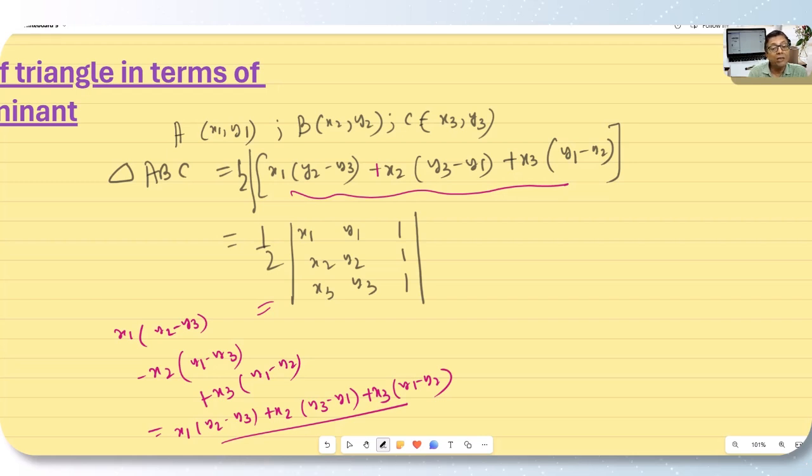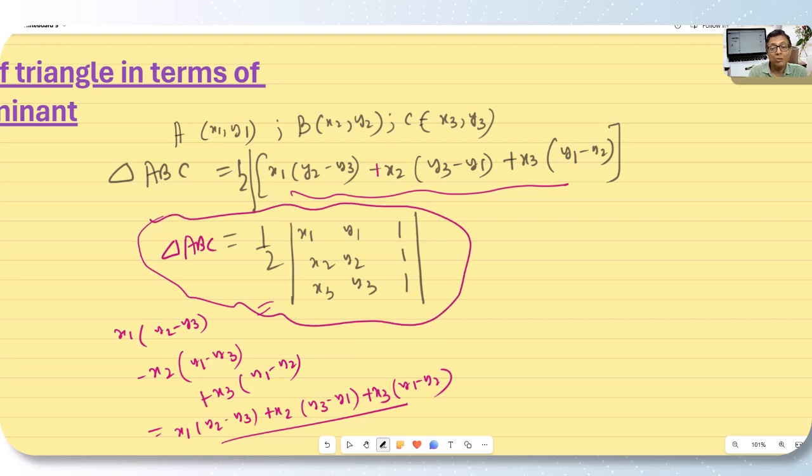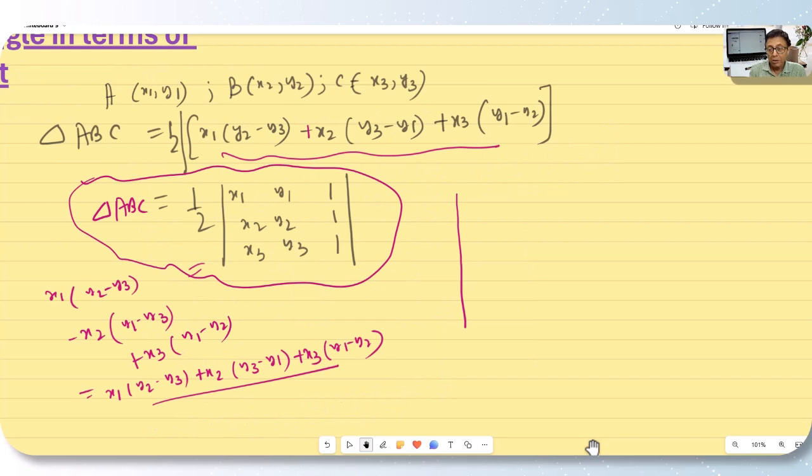So the area of triangle ABC is going to be equal to half of the determinant x1 y1 1, x2 y2 1, x3 y3 1. But what is the advantage of this? Now if 3 points are collinear, no triangle can be formed.